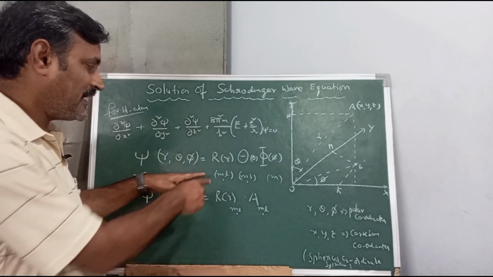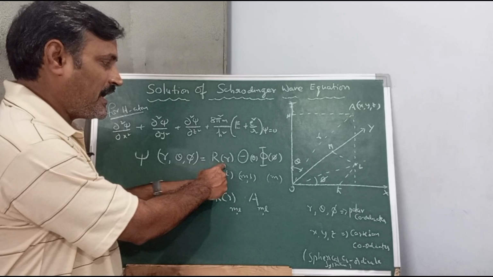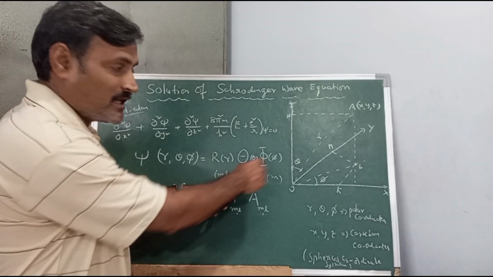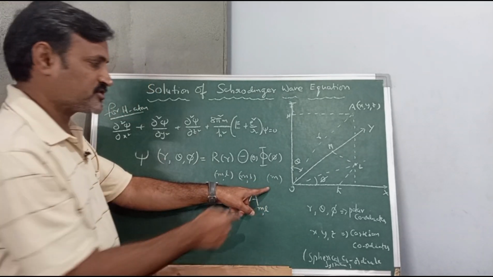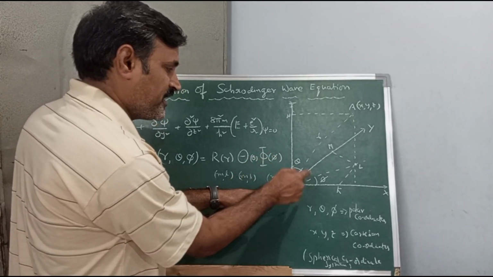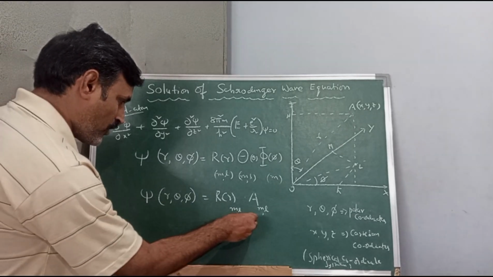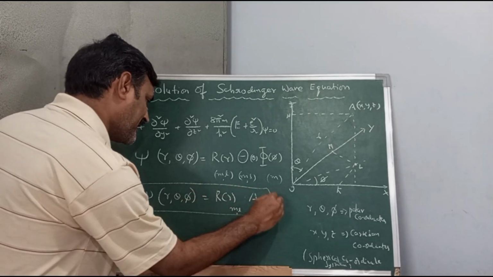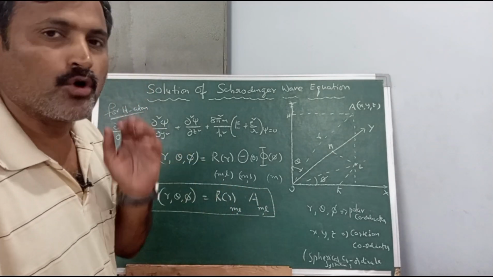The solutions are: one part with respect to the radius, another part with respect to the theta value, and a third part of the solution of the wave function is phi. Phi is another polar coordinate. So this is what we call the solution of Schrodinger's wave equation, making use of polar coordinates.